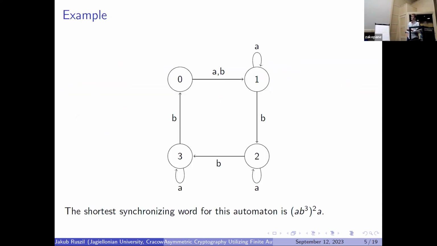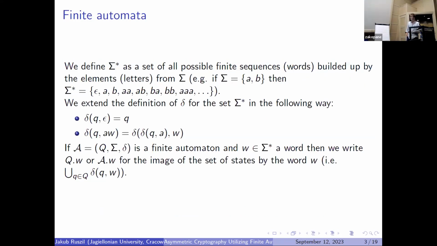You can see the example here. If we took the word AB and applied it to 0, it would go to 1 and then 2, so the result would be 2. The last piece of notation: we write Q.W or even A.W for the image of the set of states by the word, which is the classic image of a set of states by some function.